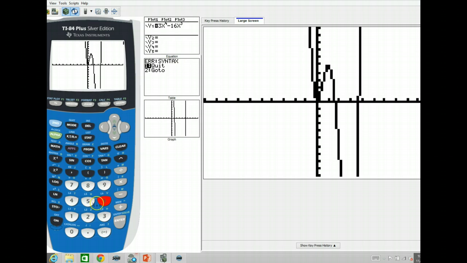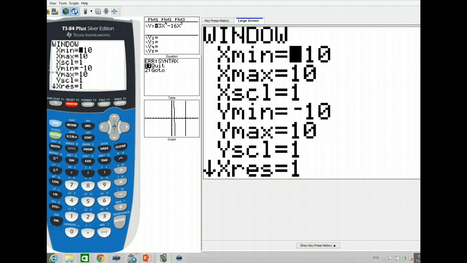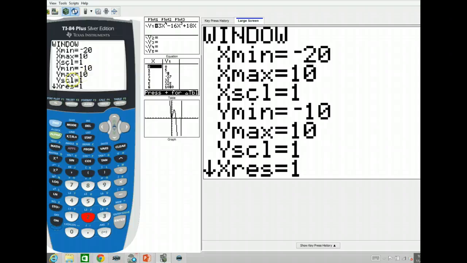But here's our standard. And I definitely am seeing plenty of x's. I even could shave off some of the x's on the sides, and I'm not seeing enough y's. So let's go back to the window, and I'm going to tell it I have plenty of x's, so maybe I'm just going to go -2 to maybe +5.